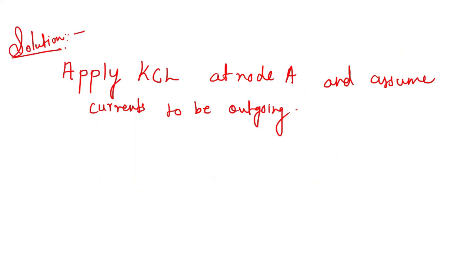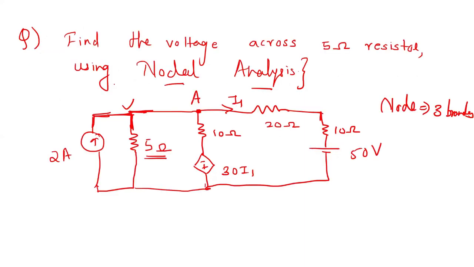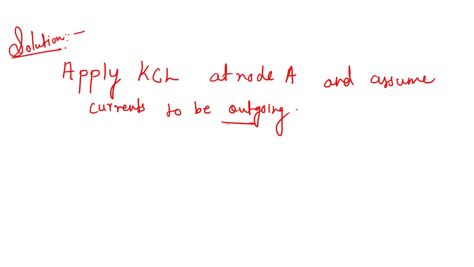We are going to apply KCL over here, and we are going to assume that all the currents are outgoing. So if there is a current which is incoming, we take it as negative. For example, the 2 amperes current is incoming to the node, which is opposite to my outgoing assumption.